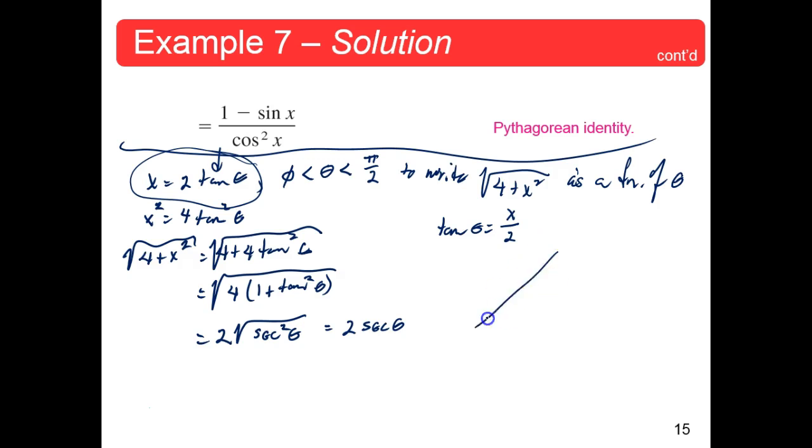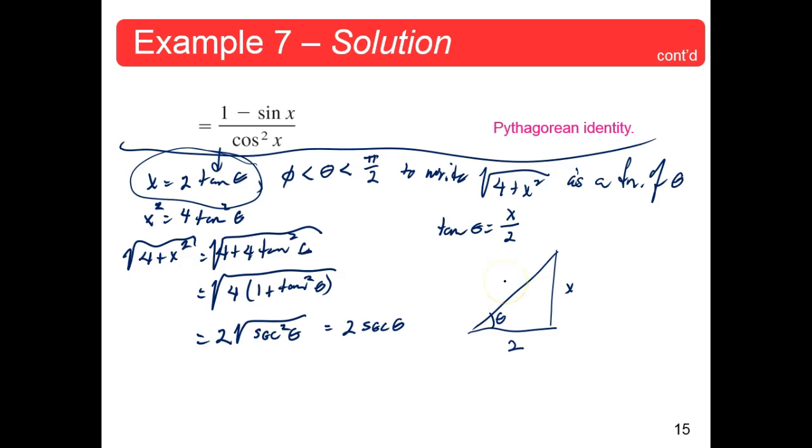So therefore you can draw your little right triangle here, and say this is your angle theta. The opposite side is x and the adjacent side is 2, right? Opposite over adjacent. What does that make your hypotenuse then? It's 2 squared plus x squared. So that would be 4 plus x squared.